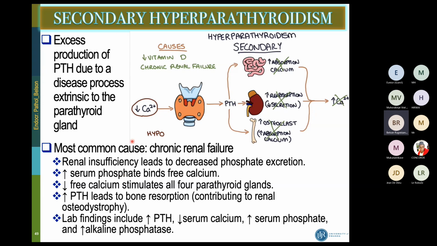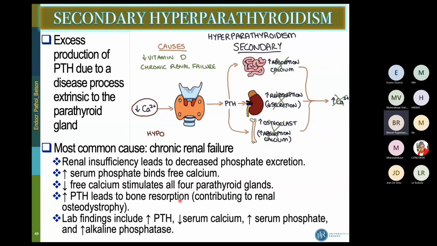So a decrease in the free calcium stimulates all four parathyroid glands. If they are stimulated, these parathyroid glands will secrete a higher PTH, which will lead to bone resorption. You understand that this is a compensatory mechanism.